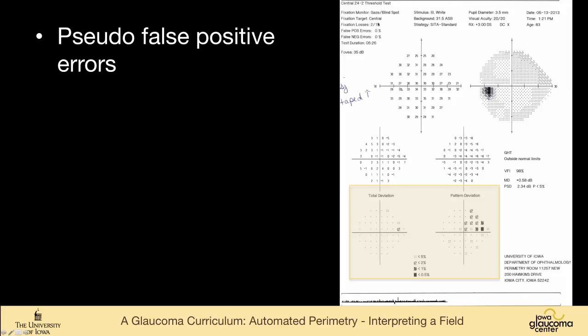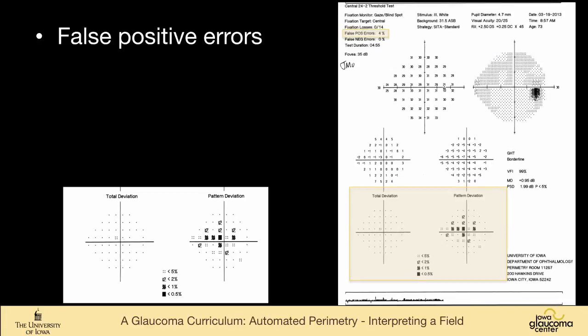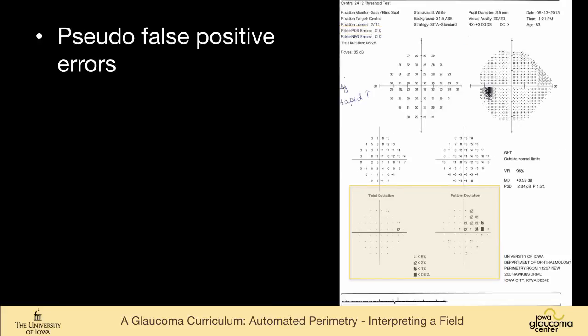There's 0 false positives here. Total deviation, a little bit of abnormality, but nothing to write home about, and yet there's this arcuate defect here. Notice how this fits the nerve fiber layer pattern. If we go back to these other fields, not so much. They sort of fit with a random distribution.